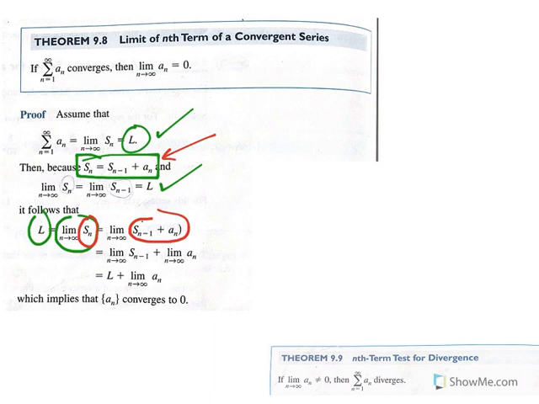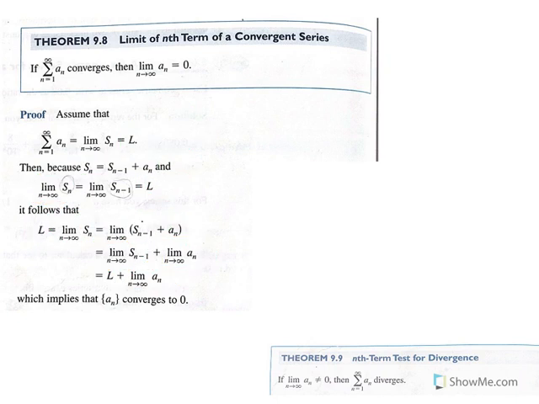Using properties of limits, here you have the limit of a sum, so you can rewrite that as a sum of two limits. And we showed earlier that if the limit of the nth partial sum as n approaches infinity is L, the limit of the n-1th partial sum as n approaches infinity must also be L. So this is L, and of course, this is the limit of a sub n as n approaches infinity. So what do we have here?